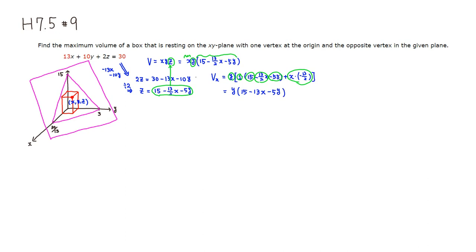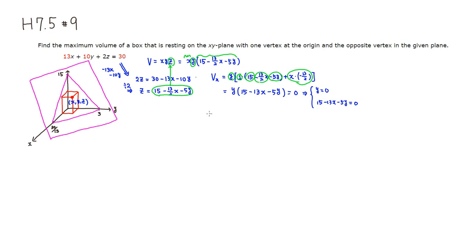Then we set this equal to 0. This equation gives you 2 possible conditions: either y is equal to 0, or 15 minus 13x minus 5y is equal to 0. One of these has to be satisfied.